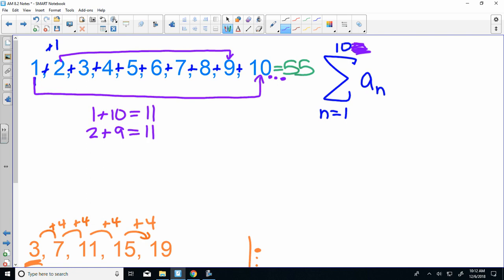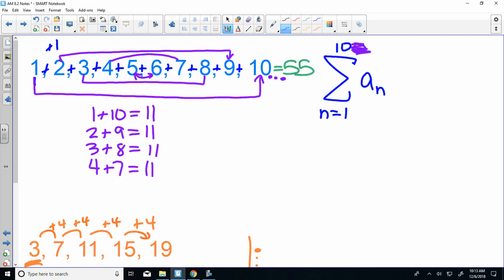Hey, that's also 11. And if you take the third term and the third to the last term, that would be 3 plus 8, which is 11. And then if you have 4 and you add it to 7, it equals 11 again.